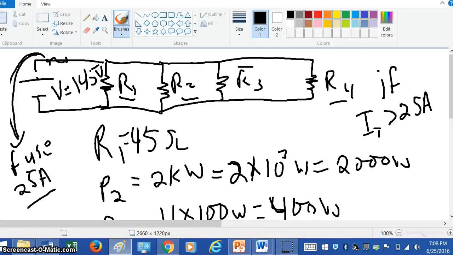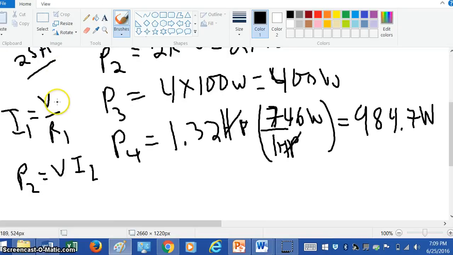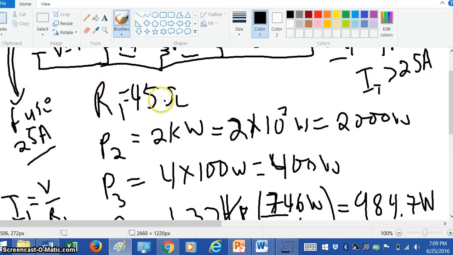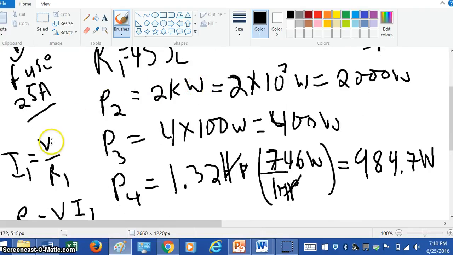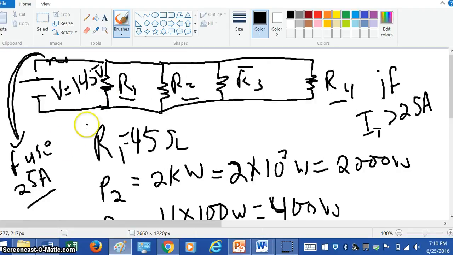All right, so we're going to use Ohm's law to get the current for the first device. That's why I changed it to 45 ohms. For the first device, we know the resistance R1. We know the voltage on all these devices, right? It's 145.